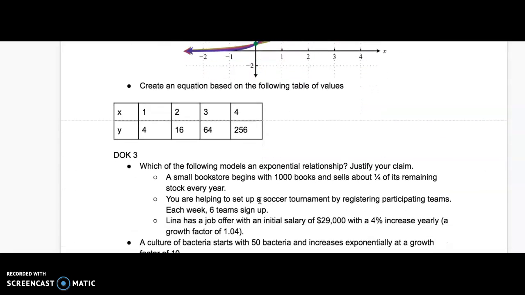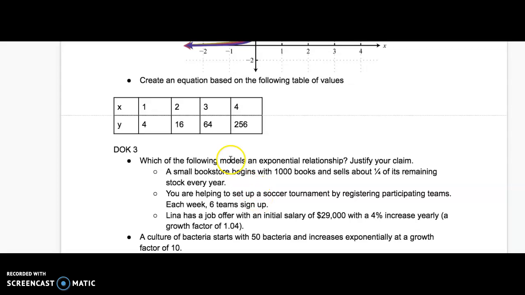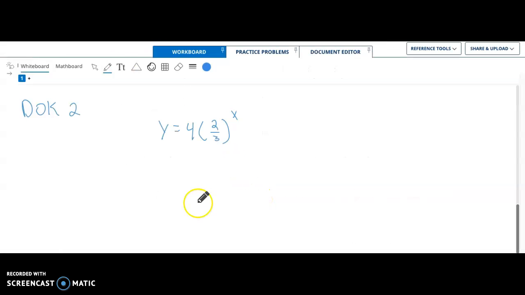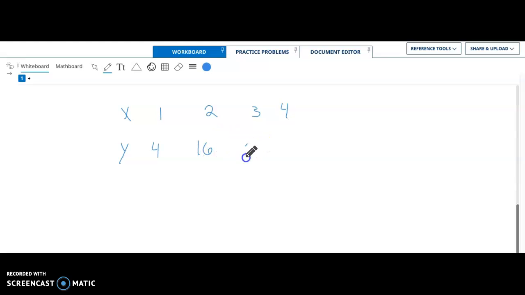Create an equation based on the table of values. So our table of values is x and y. So we got 1, 2, 3, 4. X is our independent variable, and y is our dependent variable. All right.